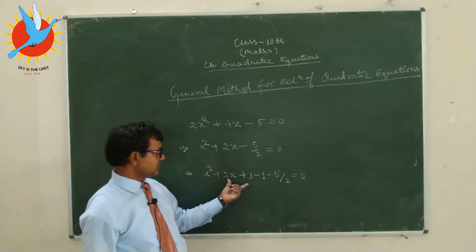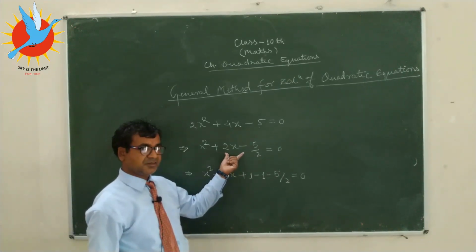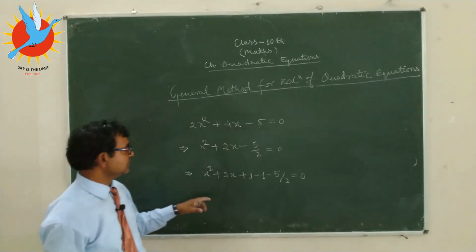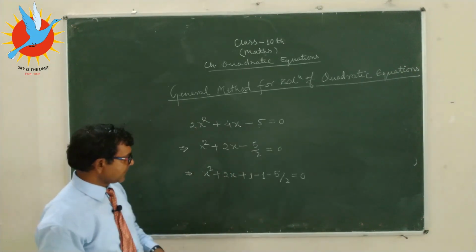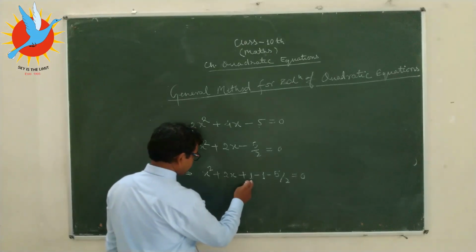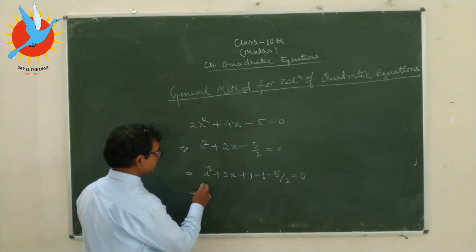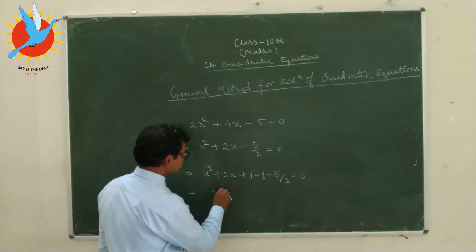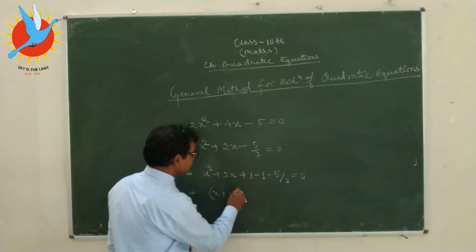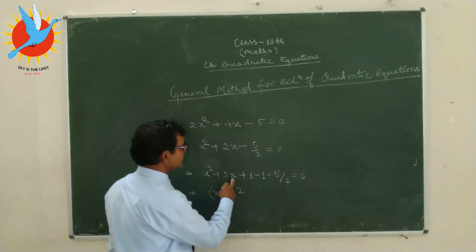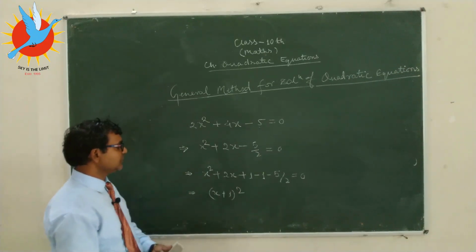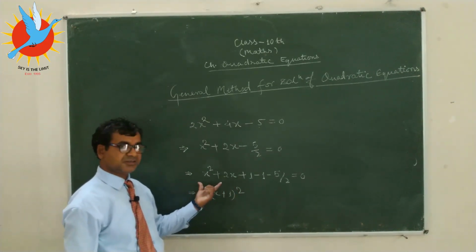The same equation of this is this. Now this can be written as x plus 1 whole square, since x square 2x plus 1, if you expand this, you will have this.